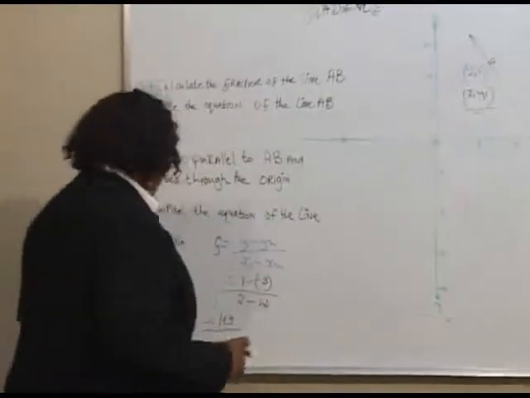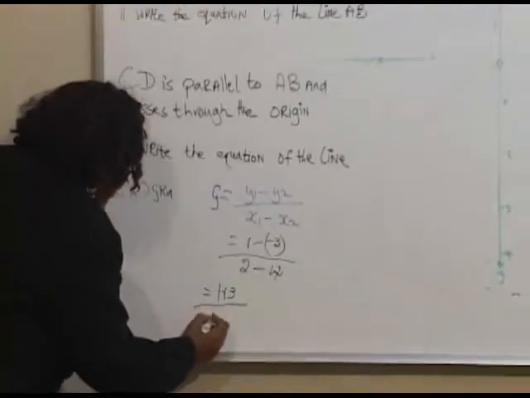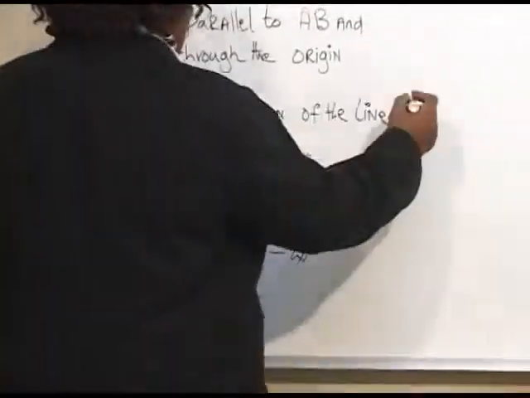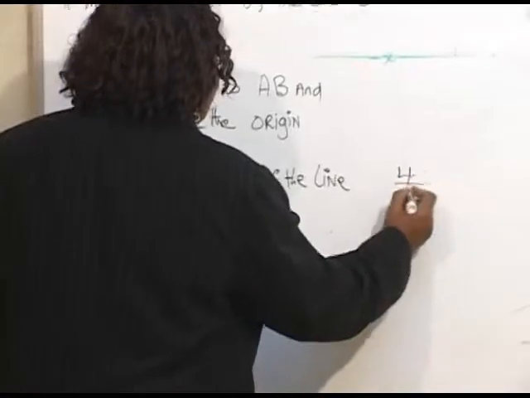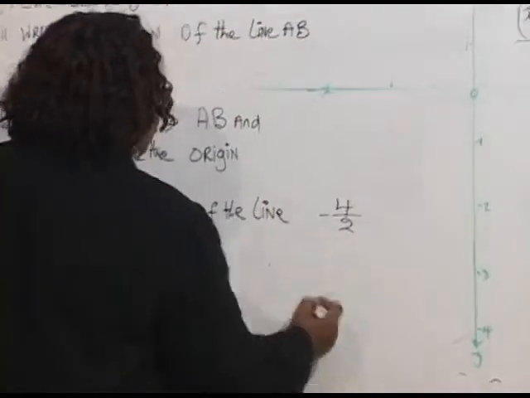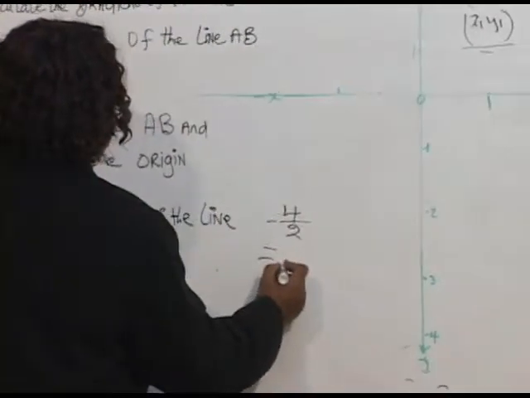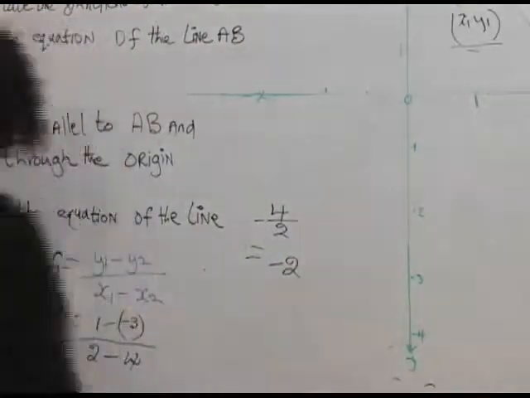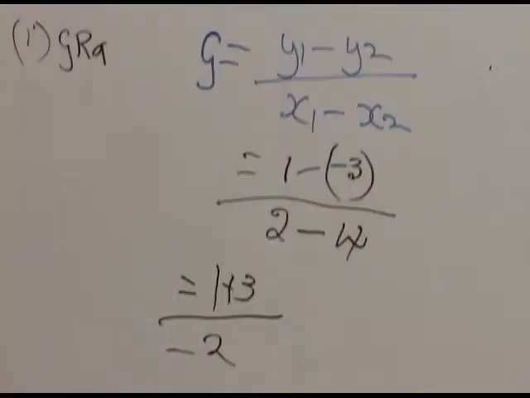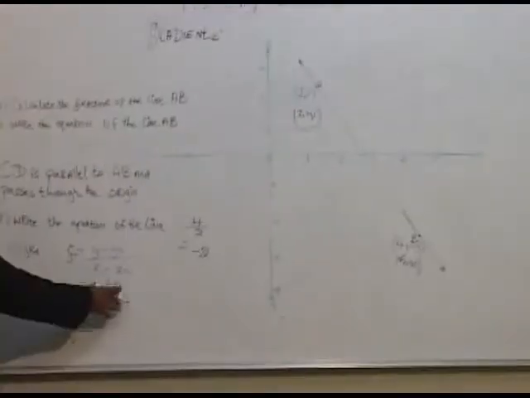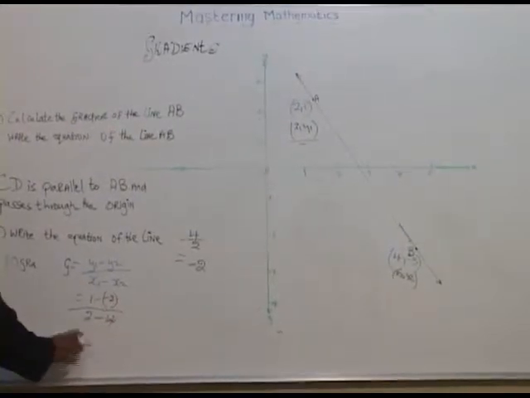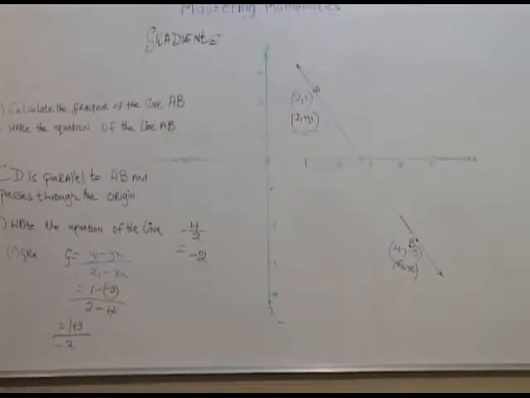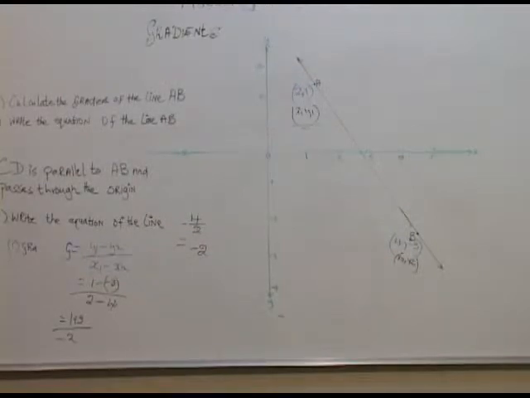By how many? 2. So we would be getting a -2 down here. So that the answer would be 4 over, and it is the -2 which makes the whole thing a negative, which is now equal to -2 as the gradient. All right? Now, because we would have been prepared for our exams, by the time we reach this step here, we would be checking right away and saying that's just 4 over -2 to give you our gradient. So the gradient of that line is -2.